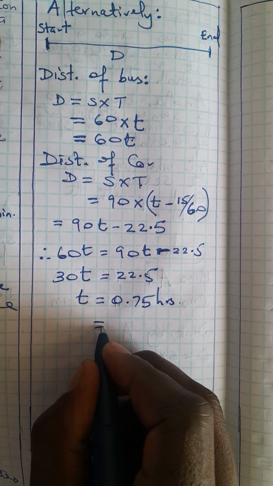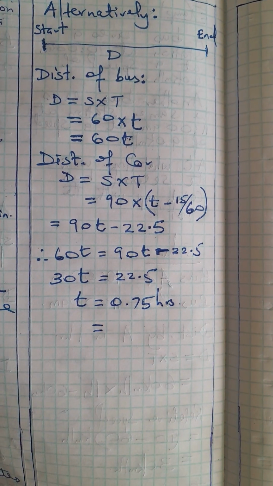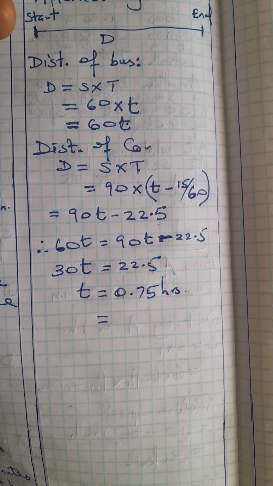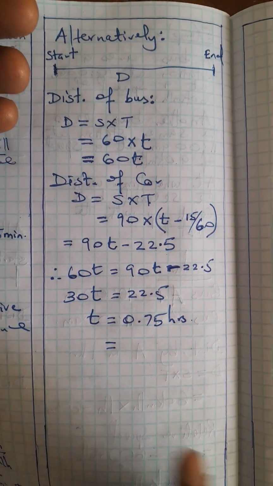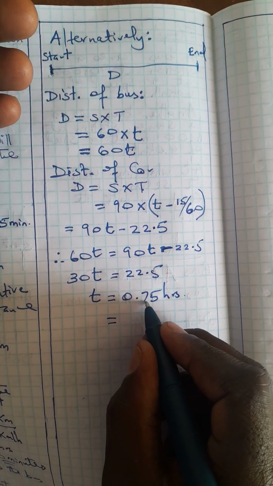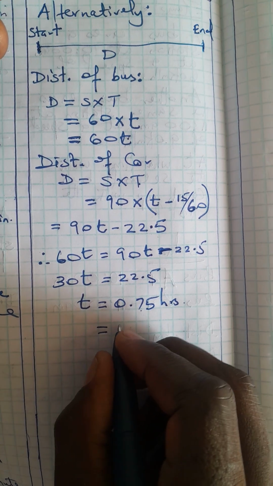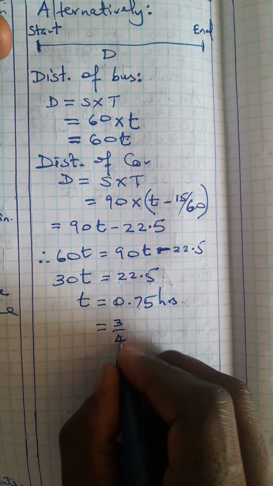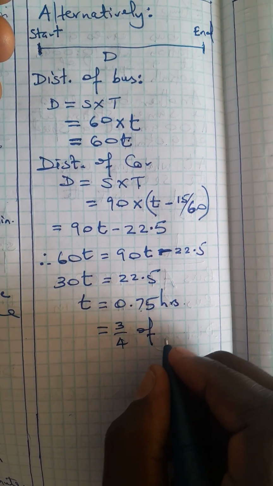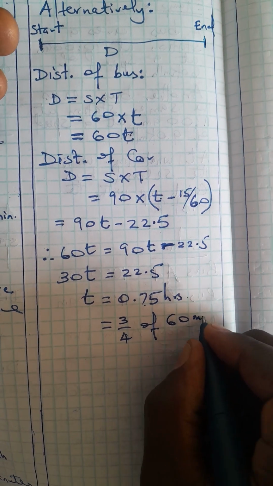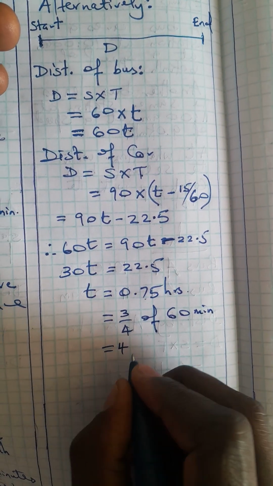Convert this into minutes. This is 3/4 of an hour. 3/4 of 60 minutes is 45 minutes.